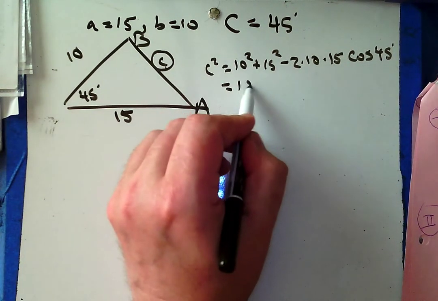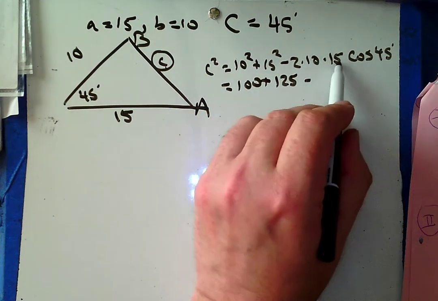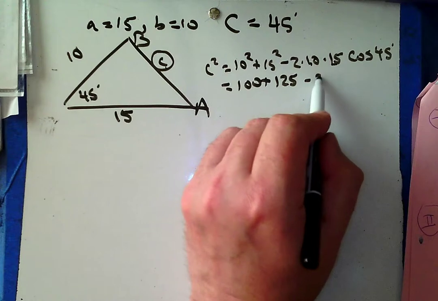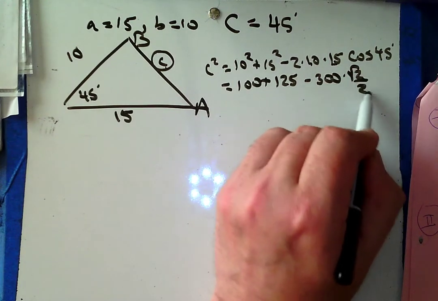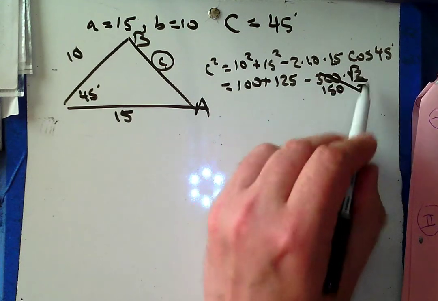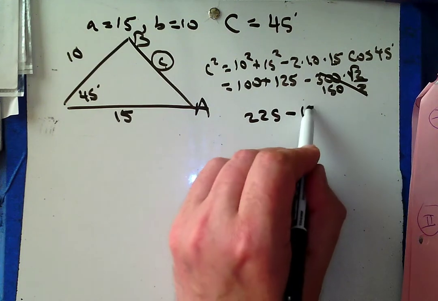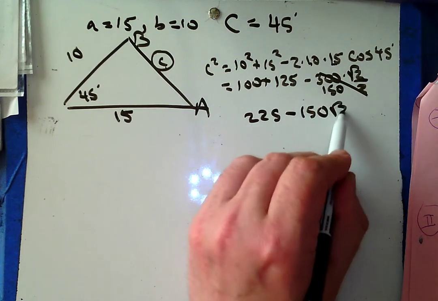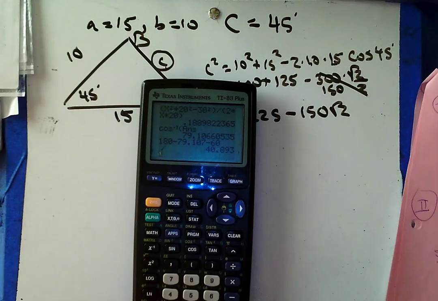So that's 100 plus 125 minus, that's 150 times 2 is 300, and the cosine of 45 is root 2 over 2. So these would cancel, and I get 150 root 2. I get 225 minus 150 root 2. That's c squared.